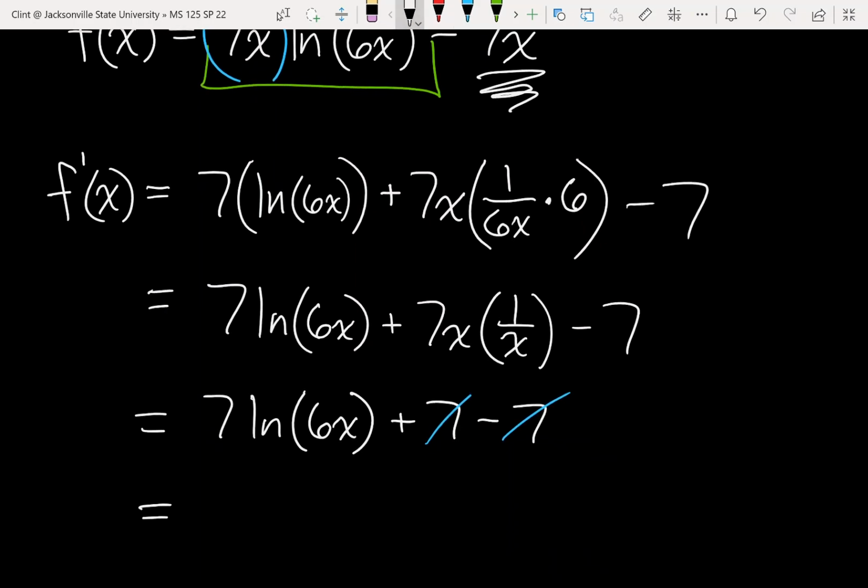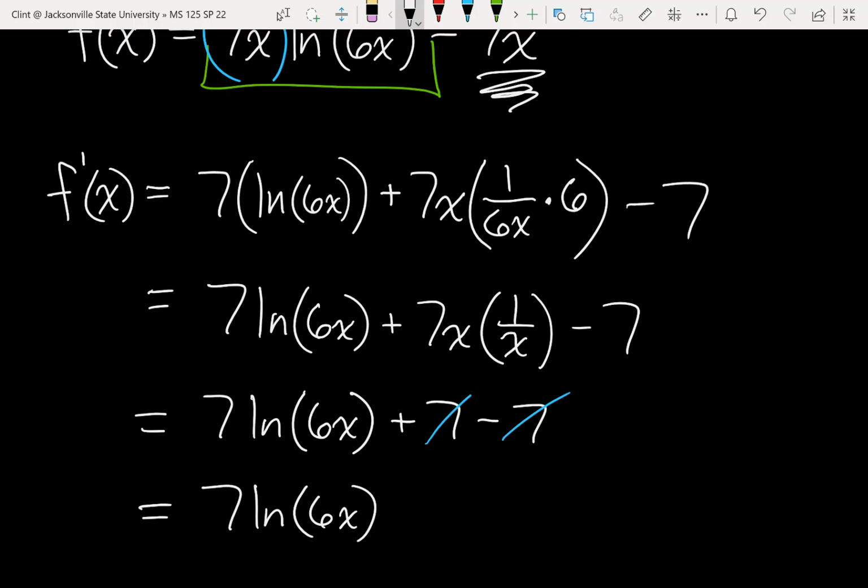And we just end up with 7 ln of 6x. Don't think about it too much, because if you think about it, that's kind of frustrating. Here we would get 7x over x. X over x cancels, leaves us just 7.